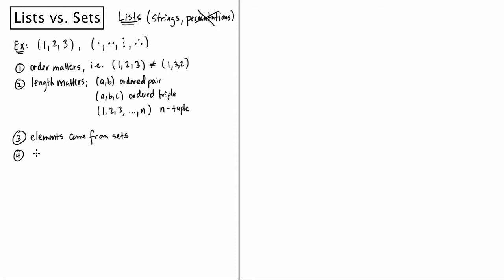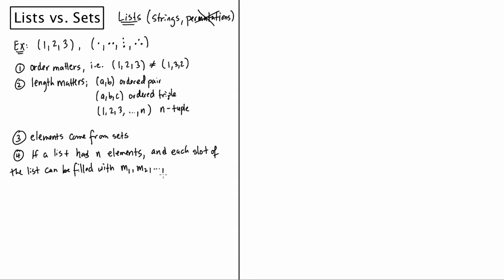Basically, if a list has n elements, meaning it's an n-tuple, and each slot of the list can be filled with M1, M2, all the way up to Mn objects, I guess is the best word.